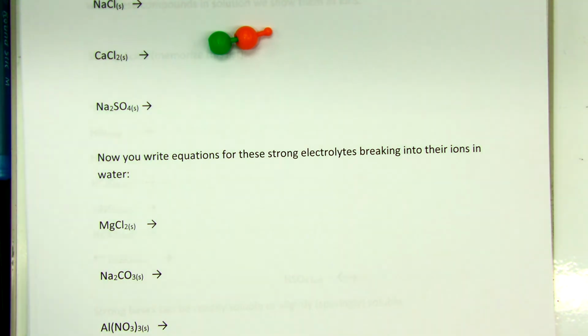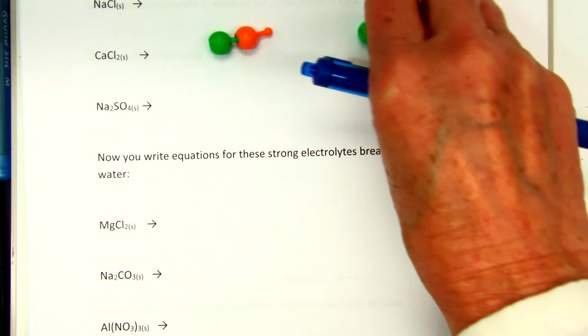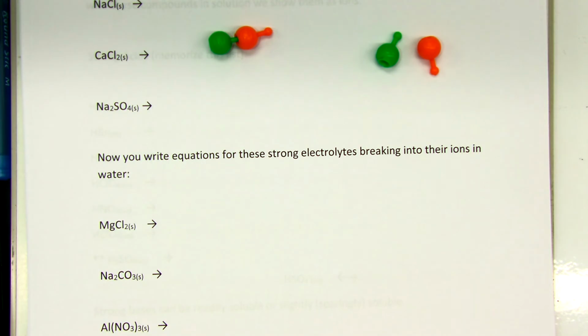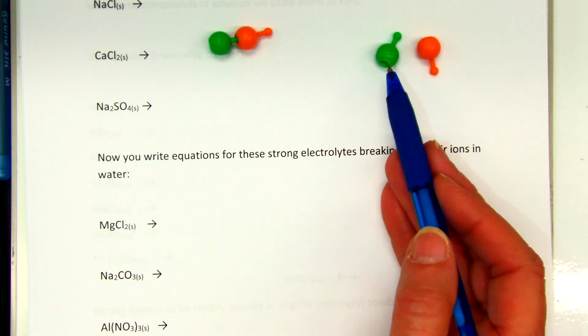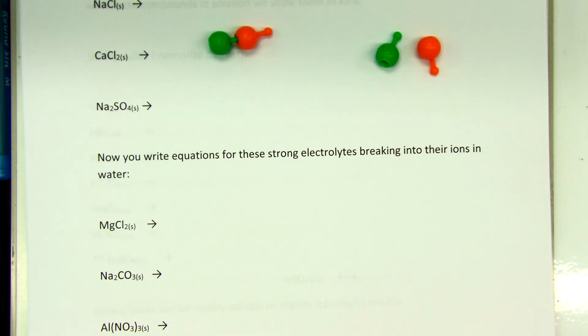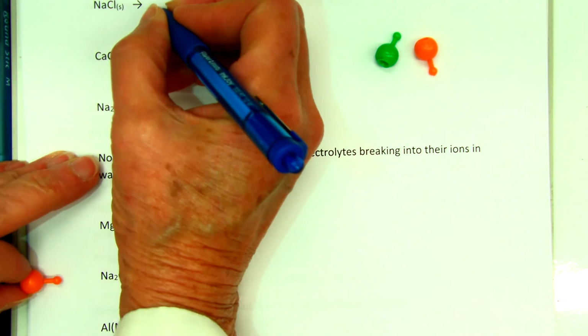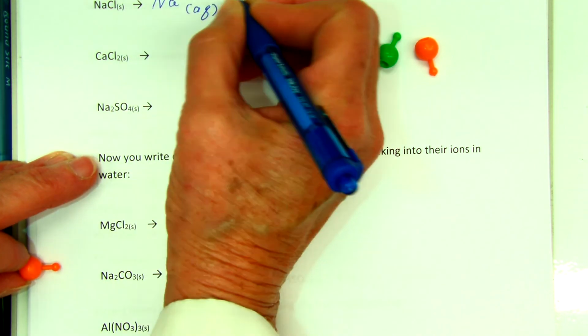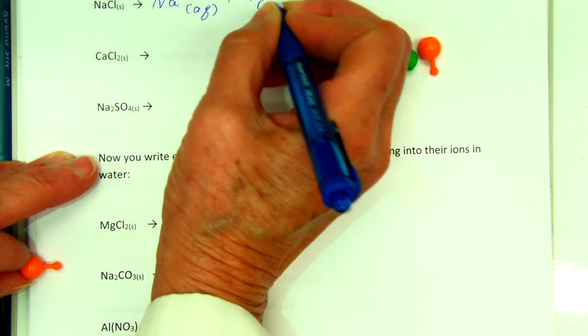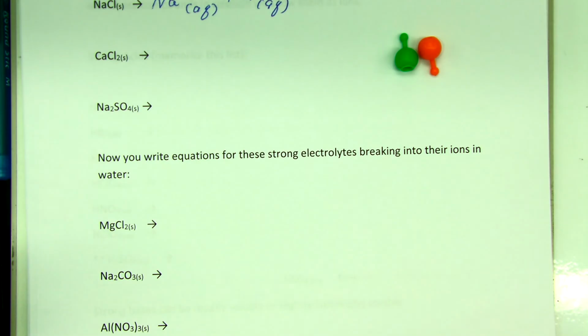If I dump it in water, what I really see is this around in my beaker, because it breaks apart. So what's in my beaker is sodium ions and chloride ions, not sodium chloride hooked together. I'm going to talk about that over and over as we go through this chapter: what would you see with your molecule seeing eye, what's really in my beaker.